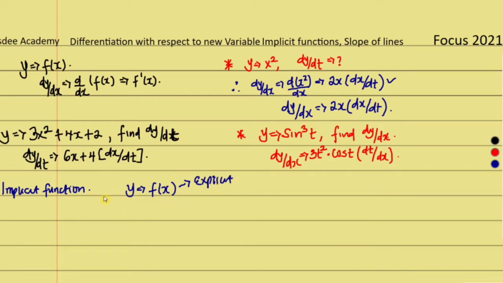But when we talk about implicit function, the function we are defining is in terms of more than one variable, let's say x and y, and it's given to be 0. This type of function is said to be implicit.